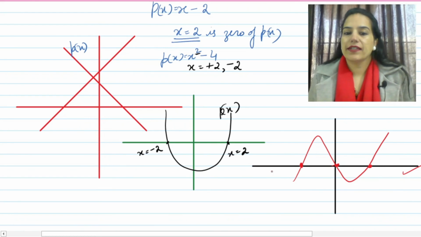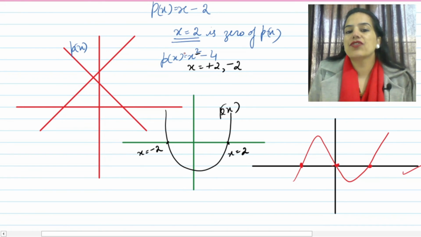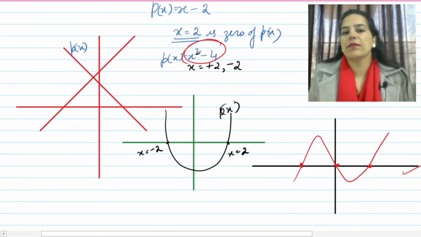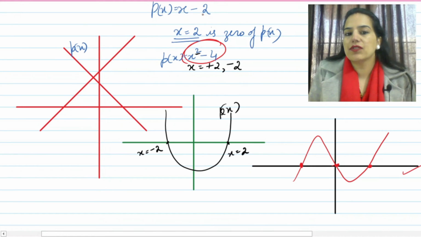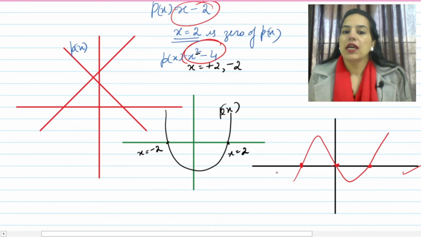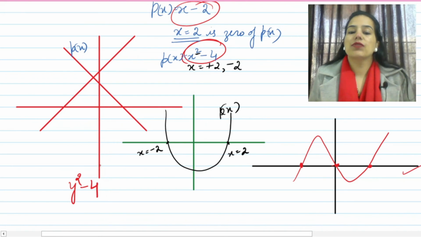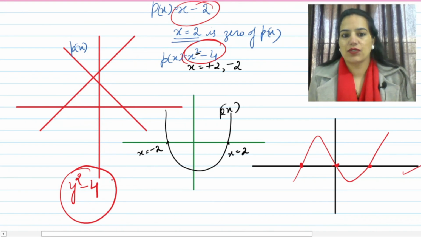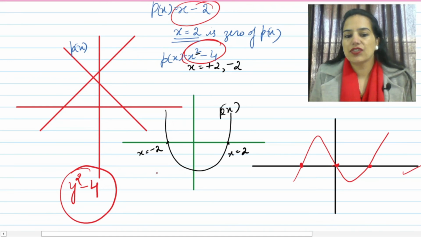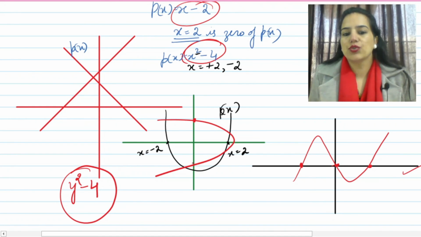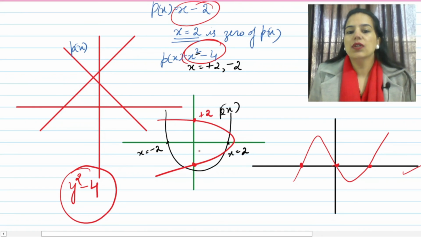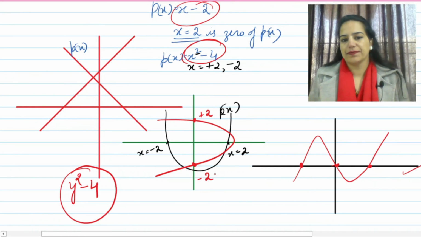Now this is the case when the expression is given in x, like x square minus 4. Now if I change and give you y square minus 4, this time your graph will not touch the x-axis 2 times, but it will touch the y-axis 2 times. Once at plus 2, other at minus 2.